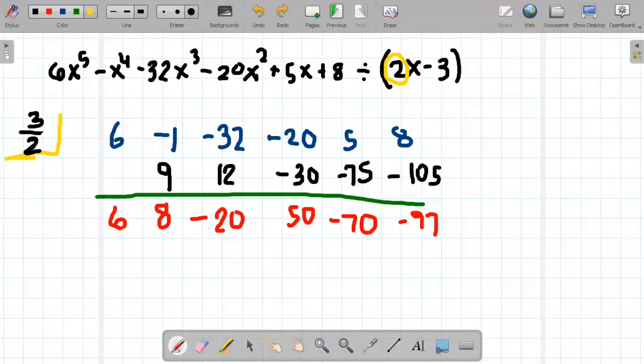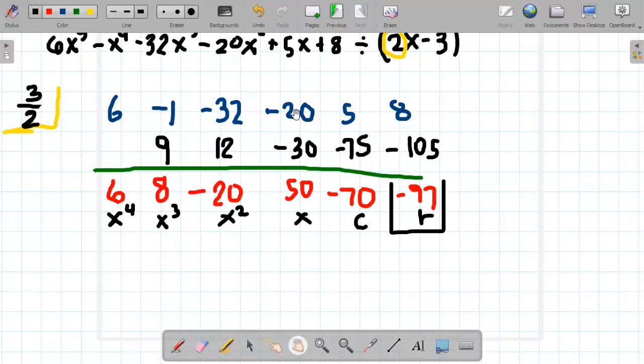The third row is not yet our final answer because we still need to simplify it. This last one is our remainder. In simplifying, the remainder is not included. This is the constant, this is the x, this is x squared, this is x cubed, this is x raised to the power 4. So in simplifying, we do not include the remainder.